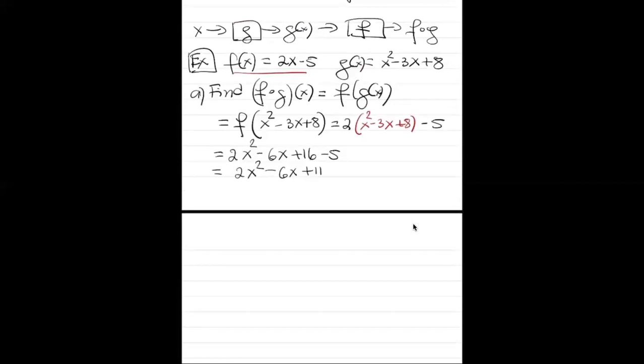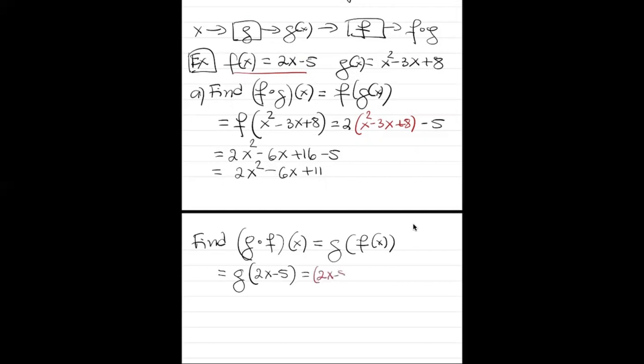So now we're going to find g of f. So the order is important by definition. This is g of f of x. We substitute the inside function first, which is f, and f is 2x minus 5. So now we look at g, and instead of x, we're going to have 2x minus 5.